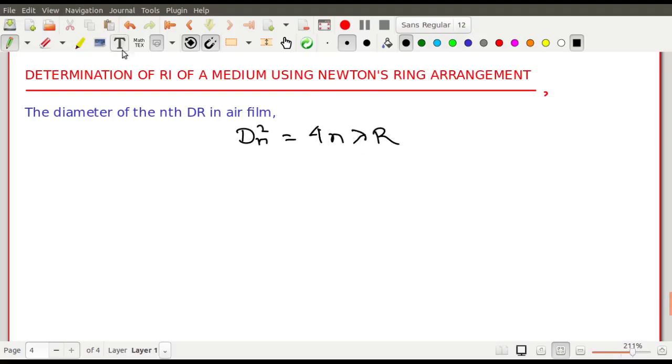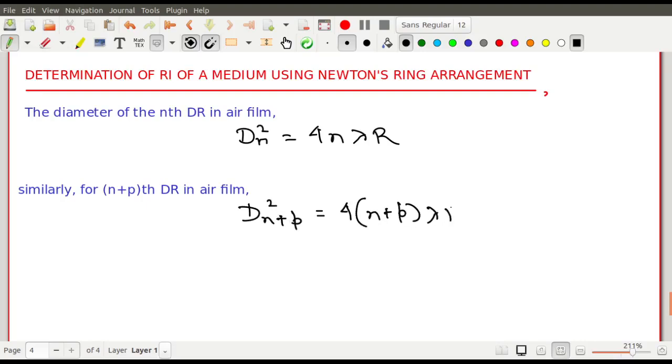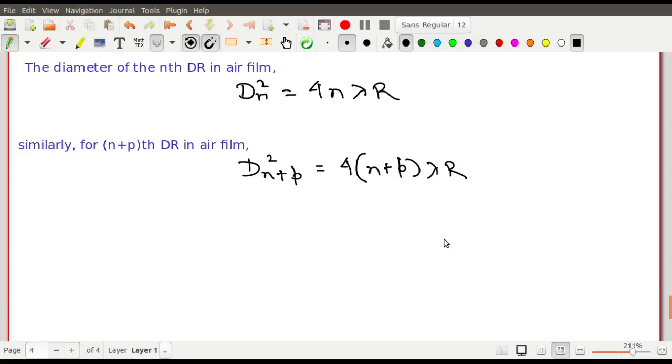And similarly for the n plus pth dark ring in air film, that should be dn plus p whole square is equal to 4(n plus p) lambda r. So dn square is 4n lambda r, dn plus p whole square is 4(n plus p) lambda r, right? That is the situation at this moment.